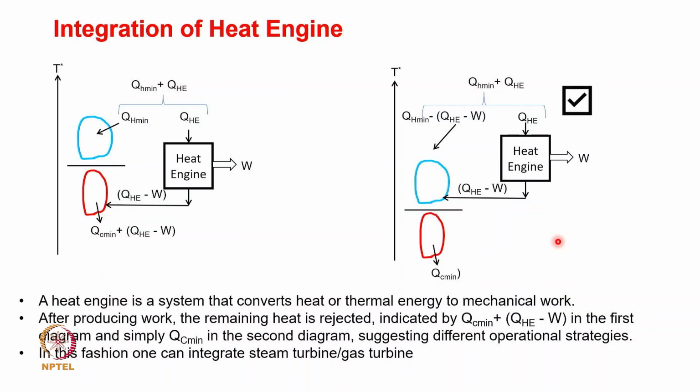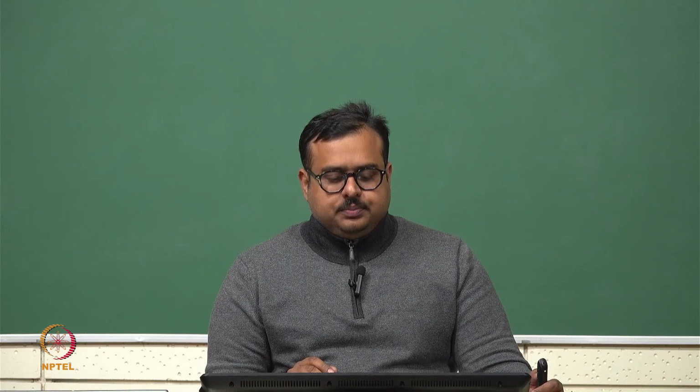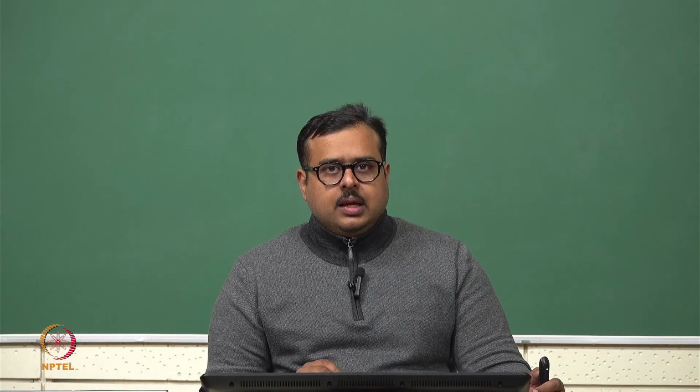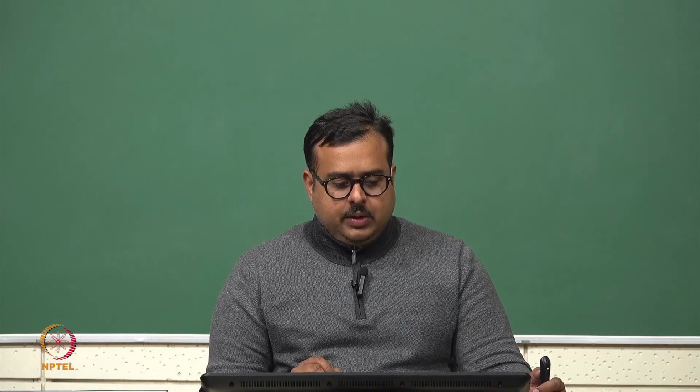if we can find some more possibilities of integration by adding a heat engine or by integrating a heat pump. This opportunity eventually results in cogeneration, which essentially means that you can also add a steam turbine or a gas turbine to the system.